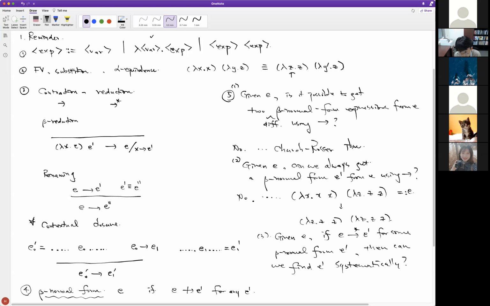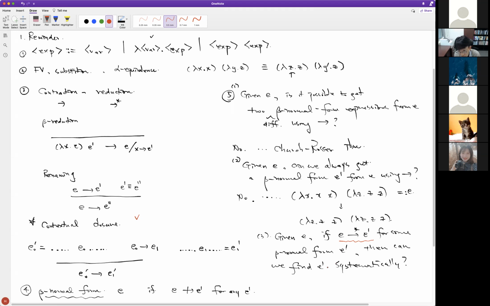In other words, the relation that I wrote here is very non-deterministic. When we apply these context closure rules, we pick one sub-expression in the current expression and apply contraction there, especially beta reduction. Next time we pick another appropriate sub-expression, apply beta reduction, and so on. So it depends on making all the good choices.